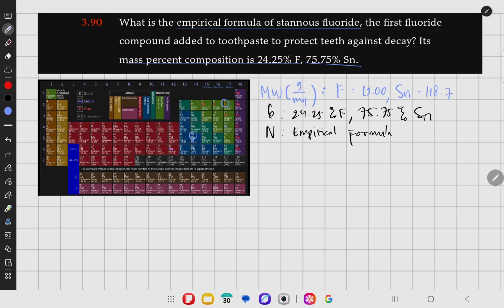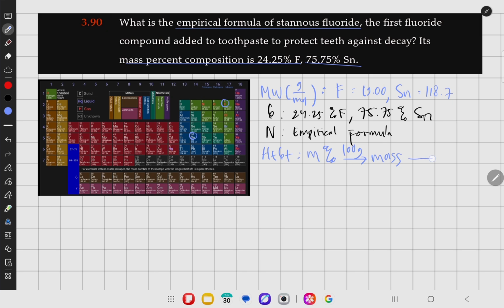And then it's given 24.25, like I mentioned before. And then we need to find the empirical formula. So how to get there? The first one, we need to convert this mass percent to the actual mass by assuming 100 grams, right?